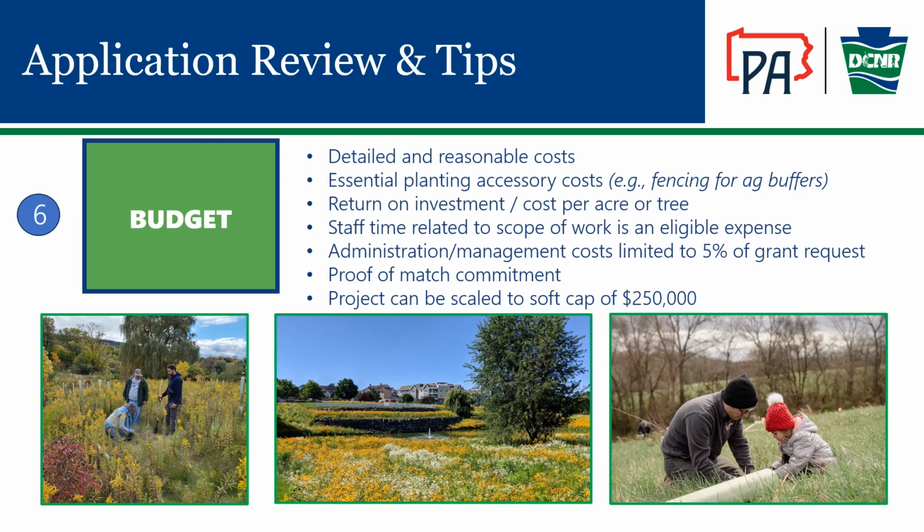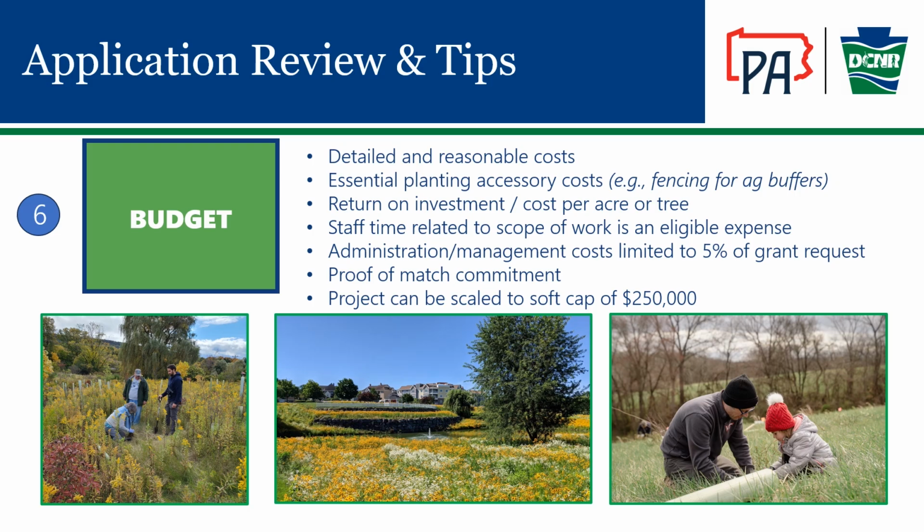Overall, DCNR is looking for a high level of cost effectiveness, and top-scoring grants provide details such as the cost per acre or the cost per tree, the cost per tree for post-planting establishment, and the anticipated cost per acre for long-term stewardship. And remember, staff time on project activities directly related to the scope of work is eligible under the CWF grant opportunity and needs to be itemized in the budget.